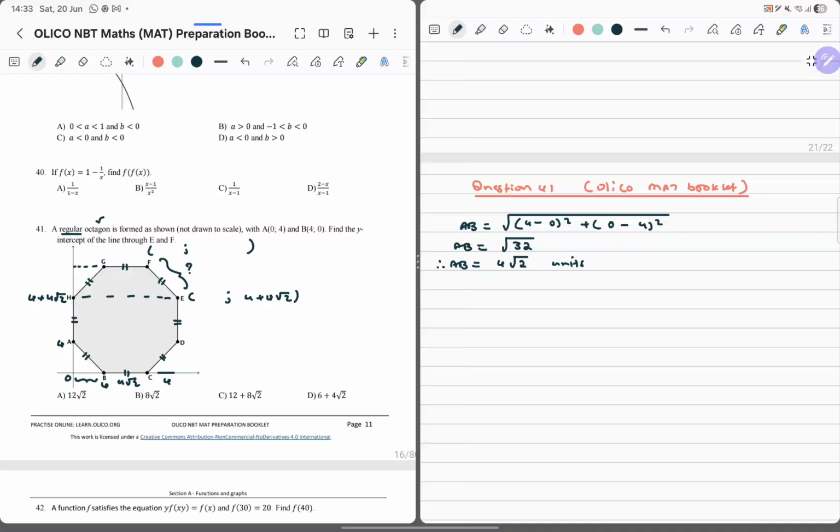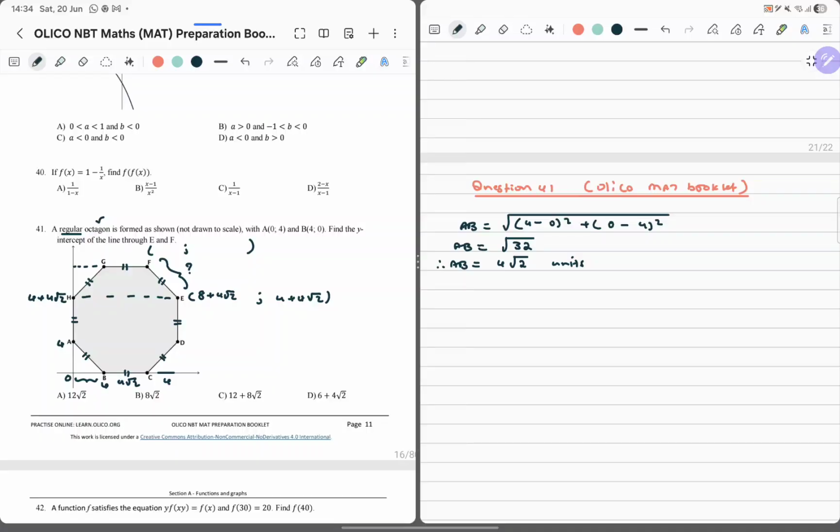So we know that the x coordinate at E is going to be 4 plus 4, that's 8 plus 4 root 2. Okay, so that's how things work out here. Now we've got the full coordinates of E.